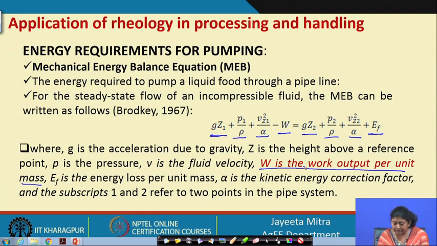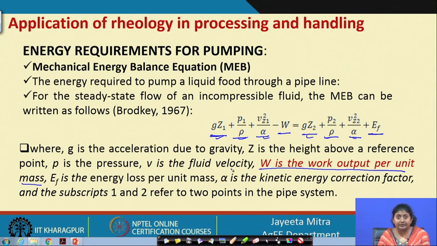This is our requirement of importance, but we can calculate this only when we deal with all the other terms; we will put them in this equation, balance it and get the value of W. EF is the energy loss per unit mass and alpha is the kinetic energy correction factor.